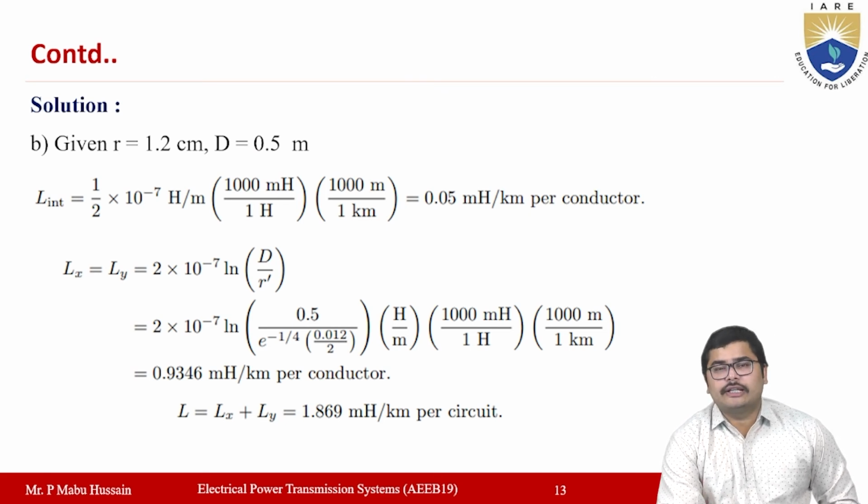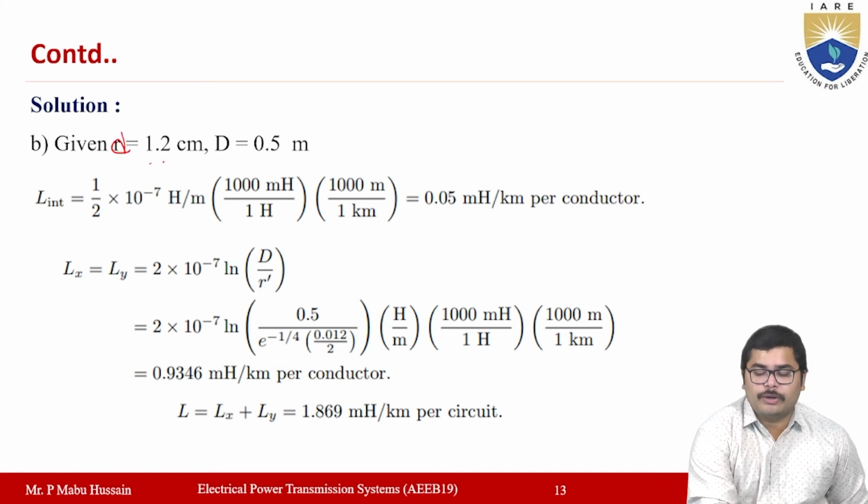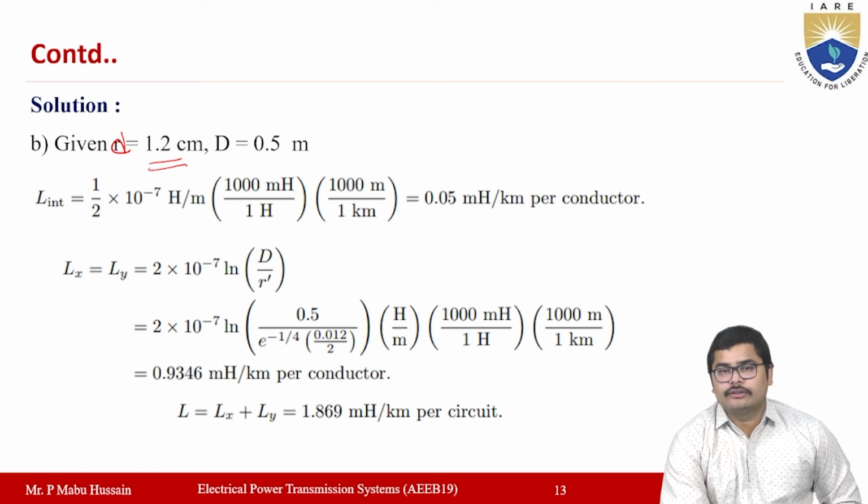The second part is if the diameter is decreased by 20%, so that means diameter D is equal to 1.2 centimeter. How will be the internal inductance considering internal flux alone, what will be the inductance of each conductor considering both internal as well as external fluxes, and what is the total inductance of the circuit? You have to determine.